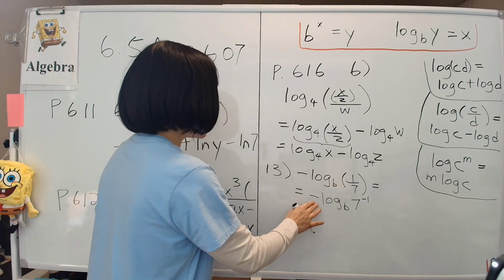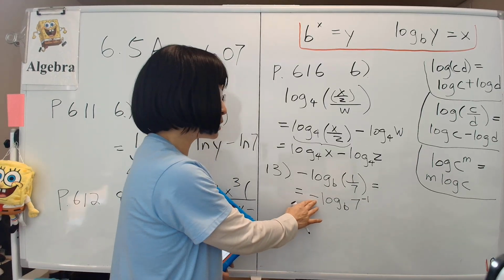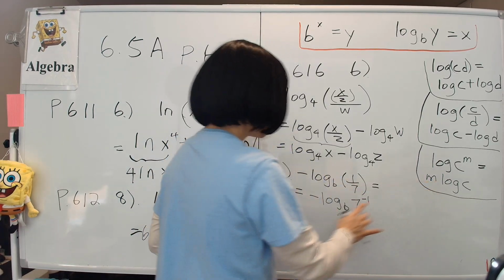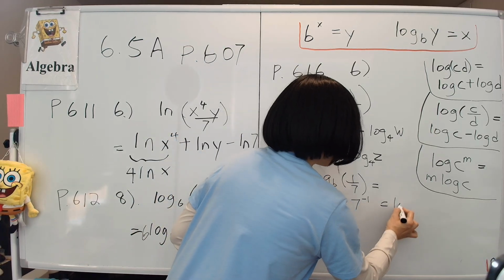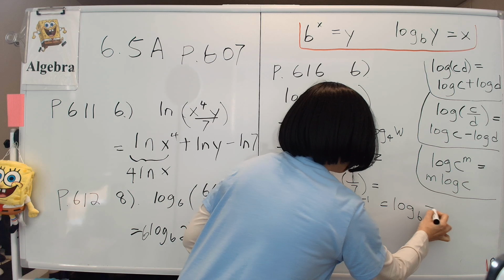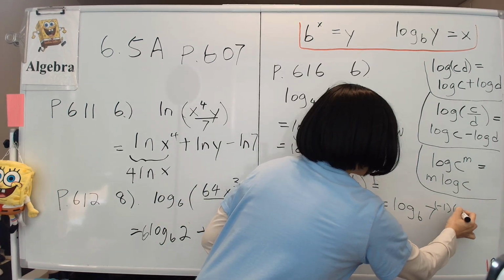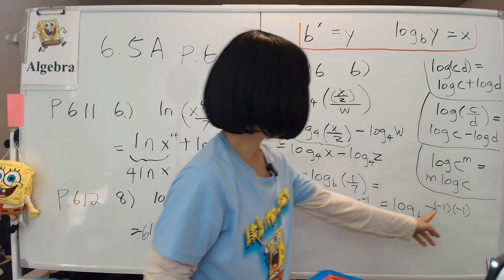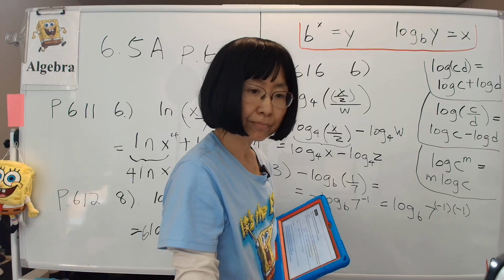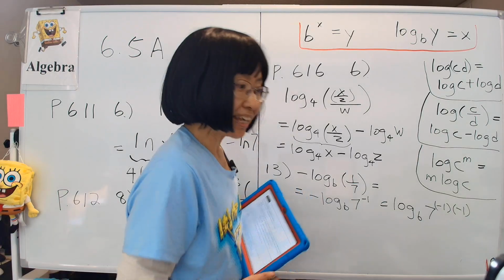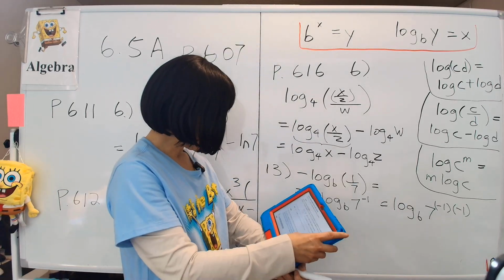And so then kick this negative sign up here. The negative sign is the same as minus 1. Okay, we'll apply this rule with m equals minus 1. So this is the same as the log base b of 7 to the power minus 1 times the minus 1 over here, which becomes plus 1. Okay, this is being multiplied. So the answer is log base b of 7. And I checked the answer, and it is correct. So far so good. Next, let's look at problem 17.